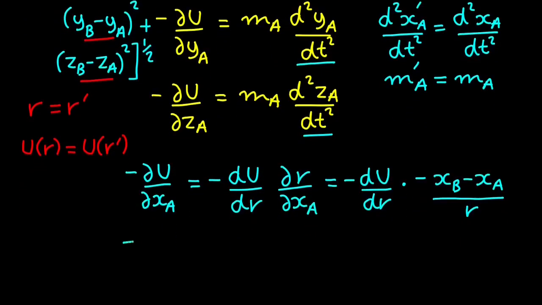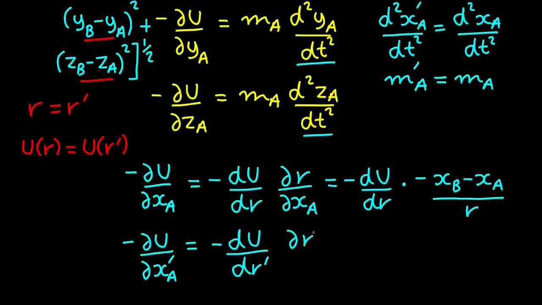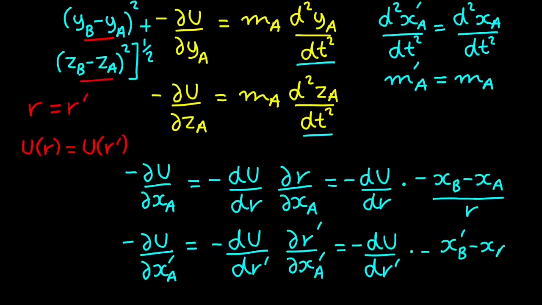And if we differentiated with respect to x according to the primed observer, well, what we'd get is minus du dr prime by the partial of r prime with respect to xa prime. So that would give minus du dr prime by minus xb prime minus xa prime over r prime.